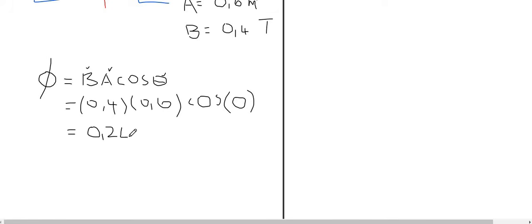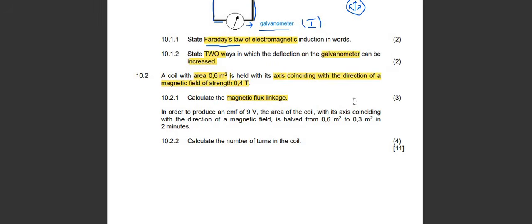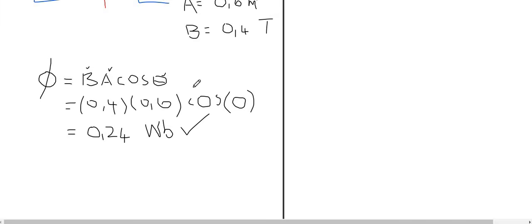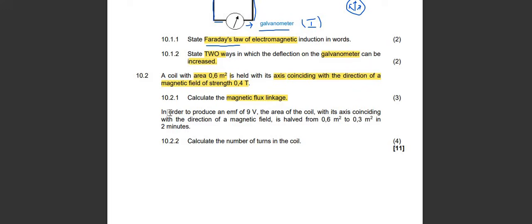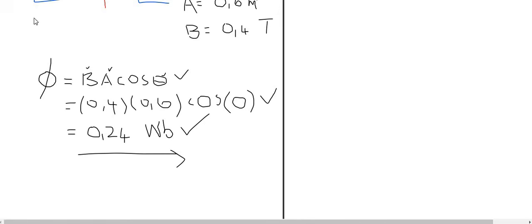So 0.24 Webers, you just write Wb, and there you are. So that is question 10.2.1. You'll get a mark for the formula, a mark for the correct substitution, and a mark for reporting your final answer, right? So we move forward, and the question says, wait, where are we? Okay, we're still at 10.2. This was 10.2.1.